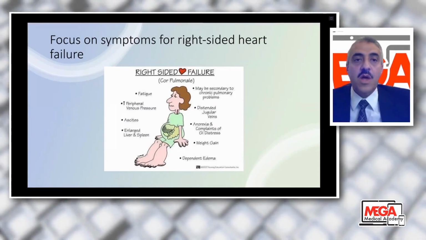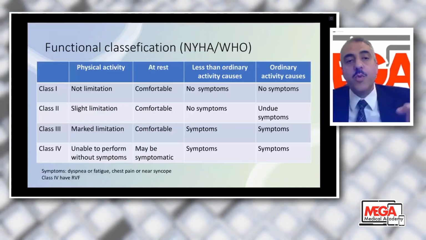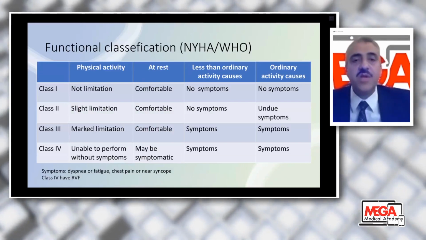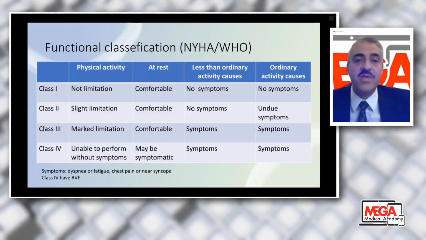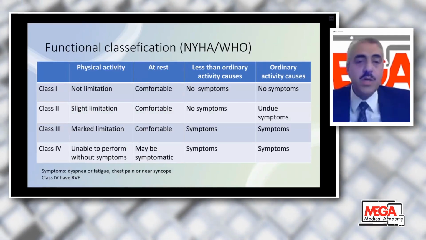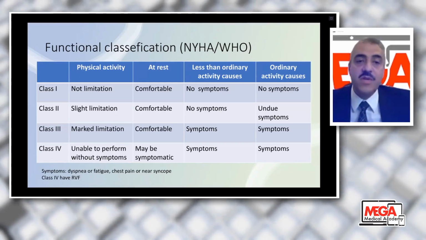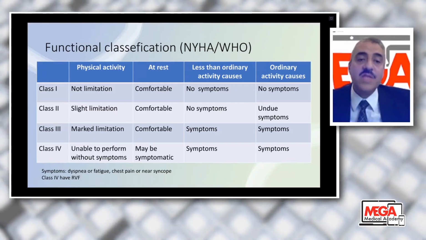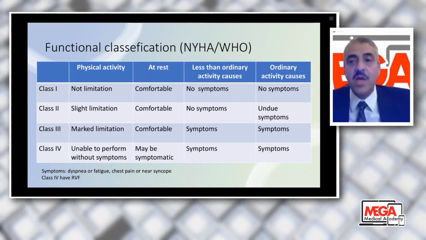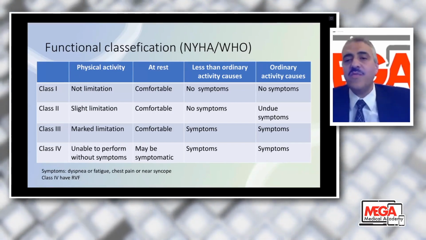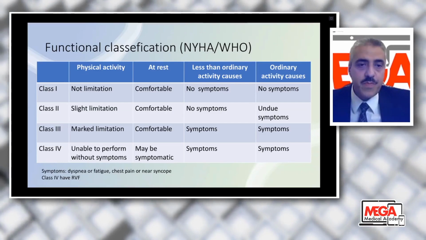The anesthesiologist should put the patient in his functional classification according to the WHO classification. This classification depends on the physical activity of the patient. Class 1 has no limitation of physical activity. Class 2 has slight limitation of physical activity; however, the patient can perform his ordinary activity with few symptoms.